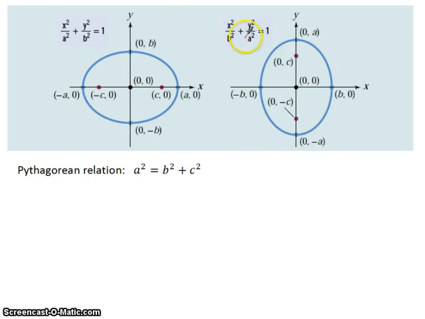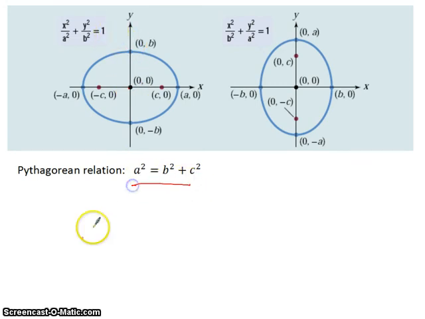If your bigger value is underneath the y, then you're going to be dealing with the major axis along the y-axis. So the b value represents the distance from the center to the end of the minor axis.